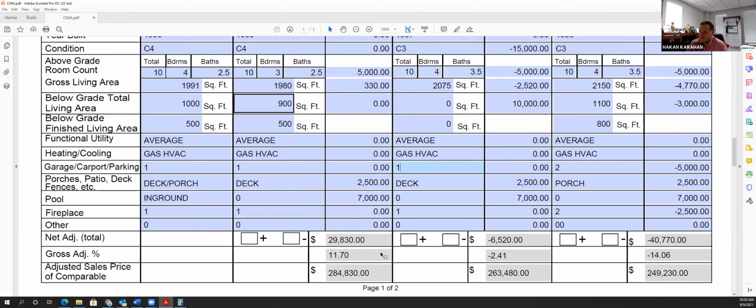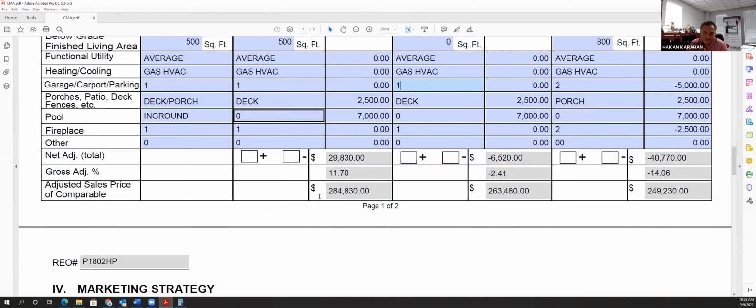Now, as you can see, the prices are all over the place, right? So what you get is the average of those three. So 284,830 plus 263,480 plus 249,230, divided by 3. So this property is worth 265,846.